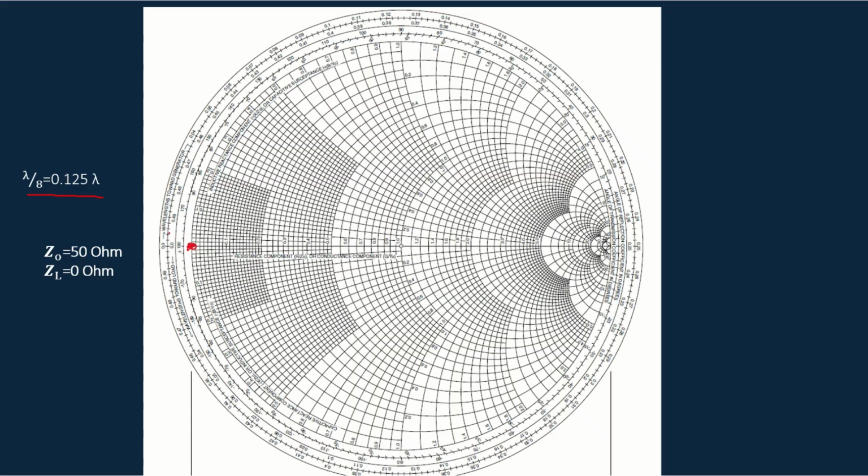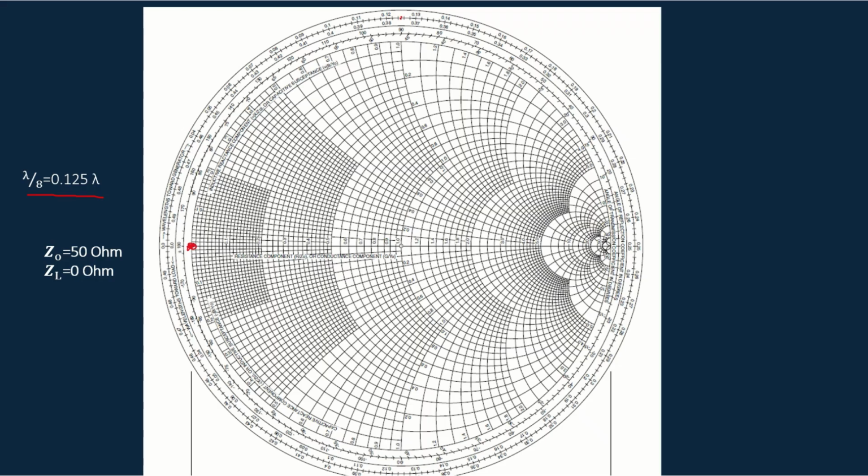So if I want to see the input impedance, I have to just trace through this length. It is 0 here, so I have to go to 0.125. That is the length of the transmission line. So it is like 0.04, 0.05, 0.06, 0.09, 0.1, and 0.125 will come here. This is 0.122, 0.124, 0.125 will be coming here.